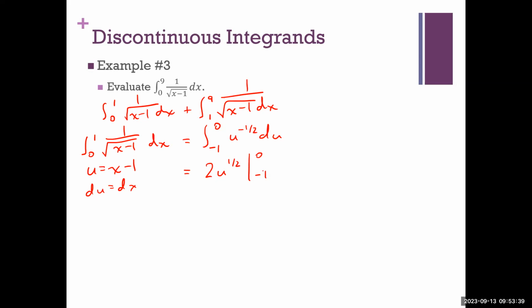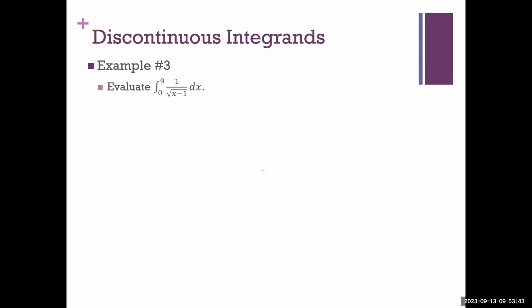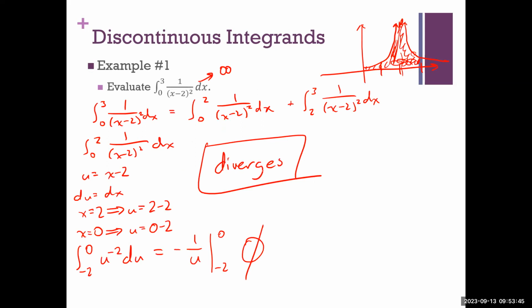So this function is not continuous over the whole interval, just like the other one was not. But how many discontinuities were on this interval here? Like how many x values is that function discontinuous for? Exactly 1, right?